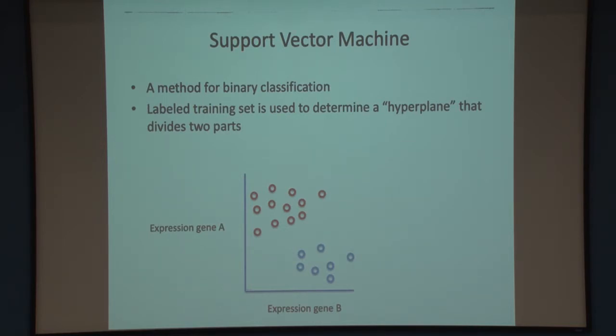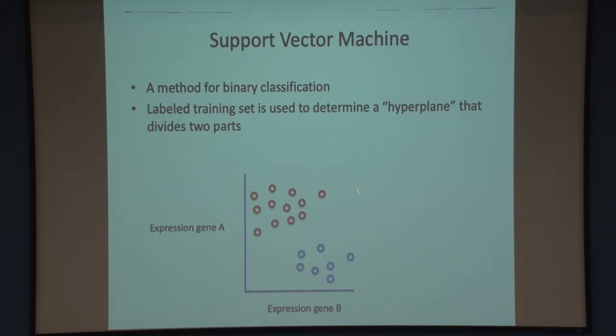And how it works is you have a labeled training set, and I kind of made this up. Like, let's say we have two different cell types, and we measured the expression of gene A and gene B in each of the cell types, and we want to be able to look at a random cell and try to predict which cell type it belongs to.